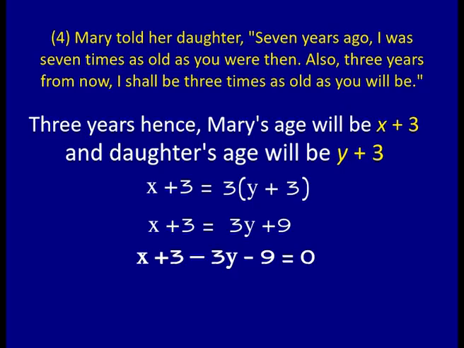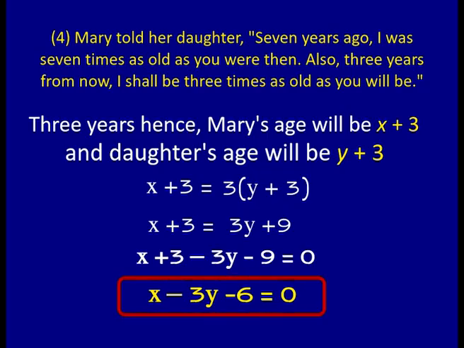In this, 3 minus 9 is equal to minus 6. Therefore, finally we will get x minus 3y minus 6 is equal to 0. It is the second equation in linear equations in two variables. These two are the suitable linear equations in two variables for this question.